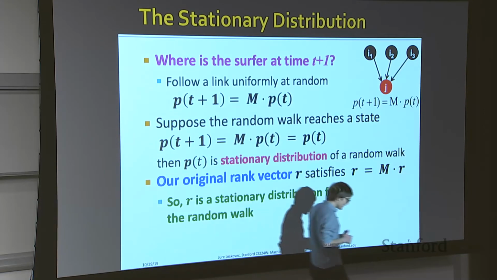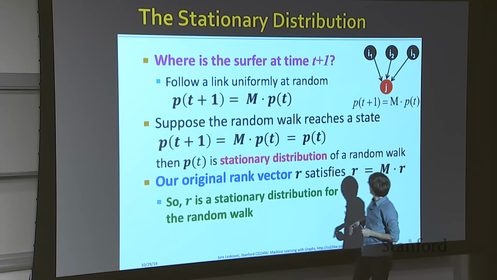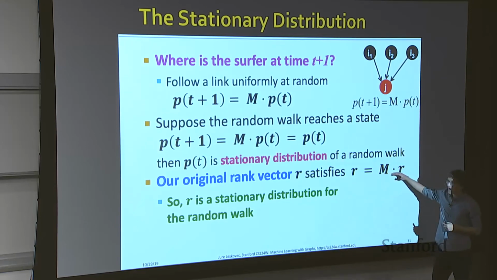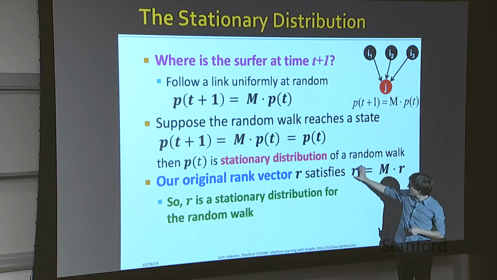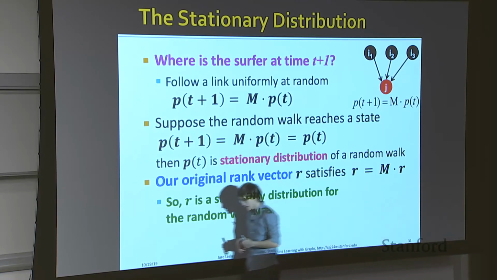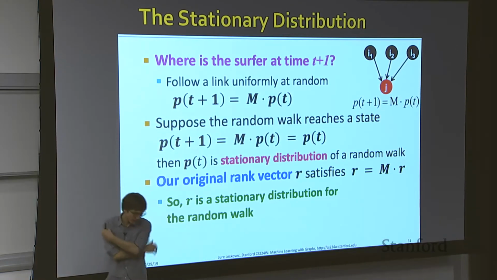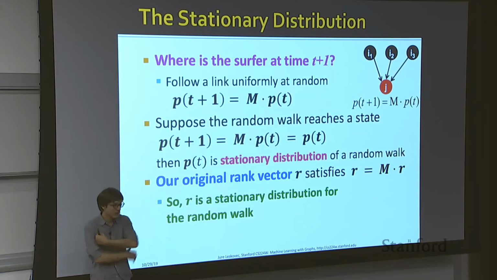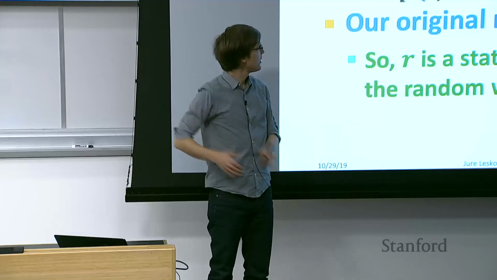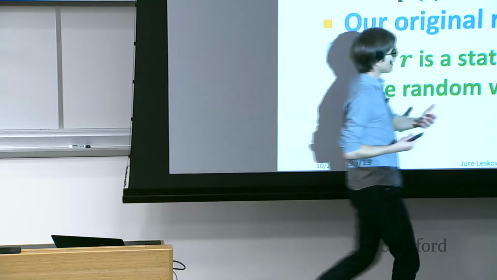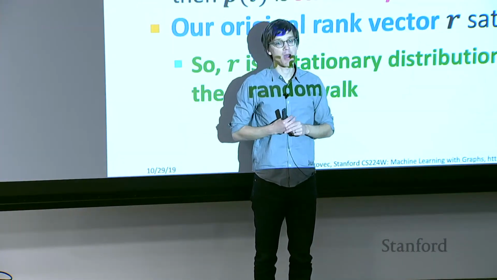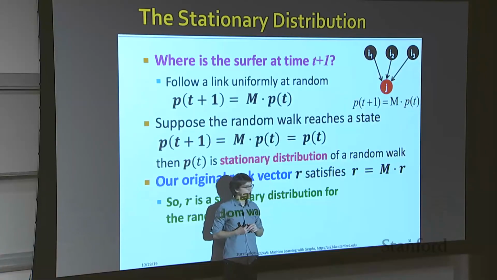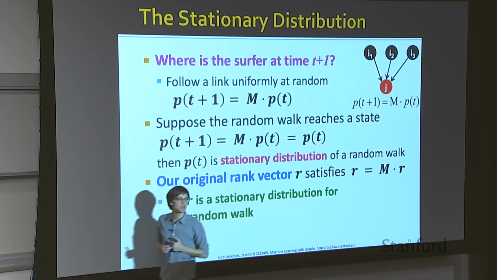What we are saying is that if I solve this R equals M times R, then the semantic meaning of this vector R is to say, let's take this random surfer, let's let the random surfer walk around infinitely long, and then I just ask, what is the probability distribution of where the surfer might be at some time t? And that is what the PageRank is measuring.